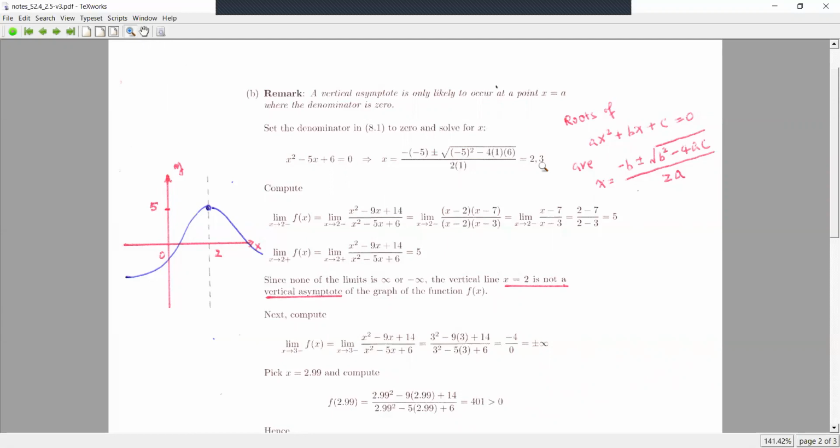If the function has a vertical asymptote, then the vertical asymptote can only appear at one of these 2 points. After some work, we found that at point 2, the function has no vertical asymptote because these 2 limits are both finite, not infinity.